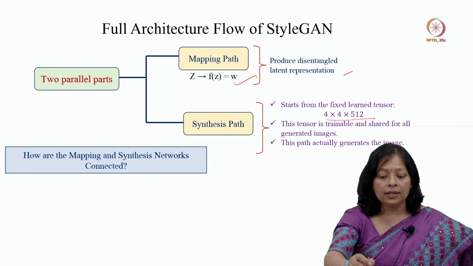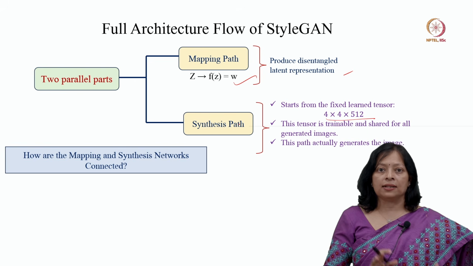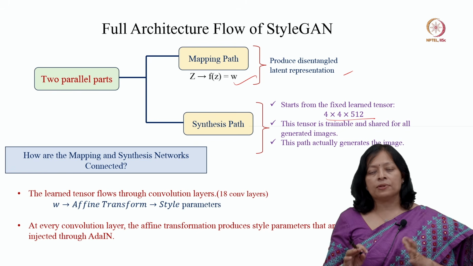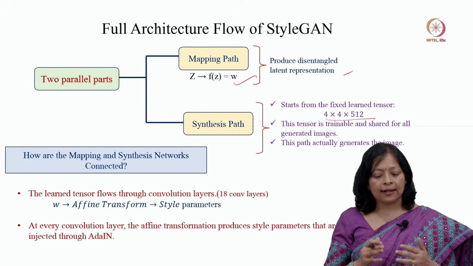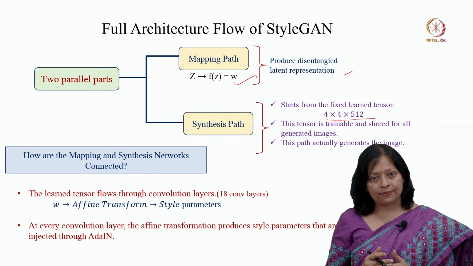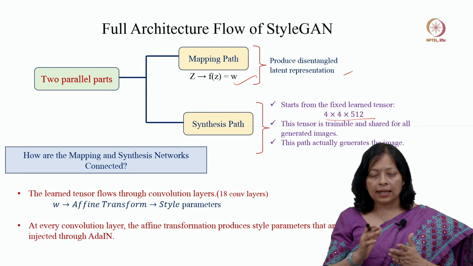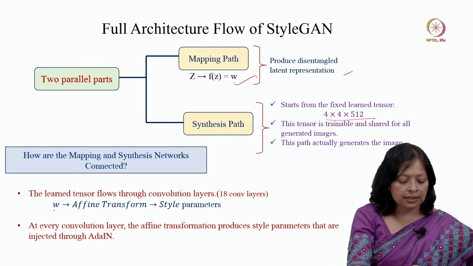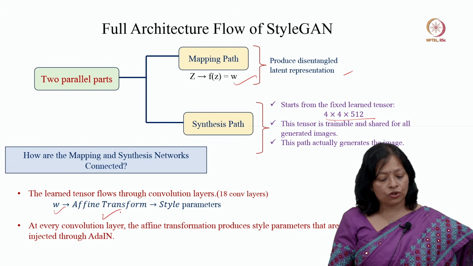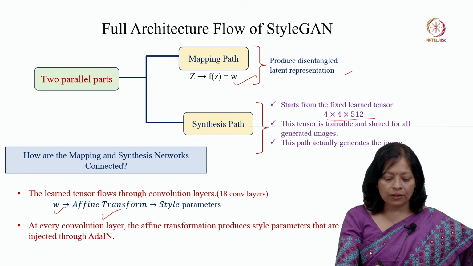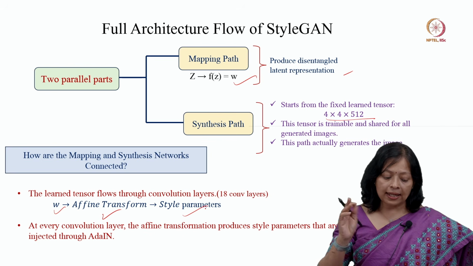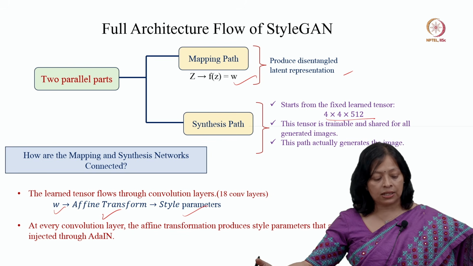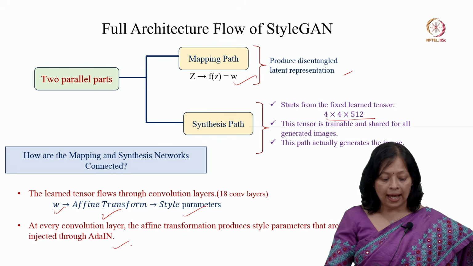Now, how are the mapping path and the synthesis path connected together? The connection happens through convolution layers. There are 18 convolution layers. What exactly is happening in these layers? W goes through the affine transformation and gives us y, the style parameters, and at every convolution layer the affine transformation produces style parameters that are injected through AdaIN.